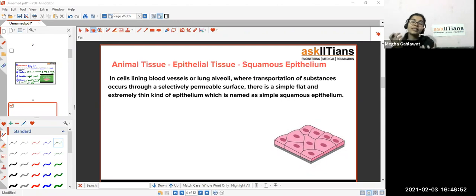What is permeability? Permeability is the phenomenon of a cell membrane allowing the entry and exit of certain molecules according to the requirement of the particular organ.